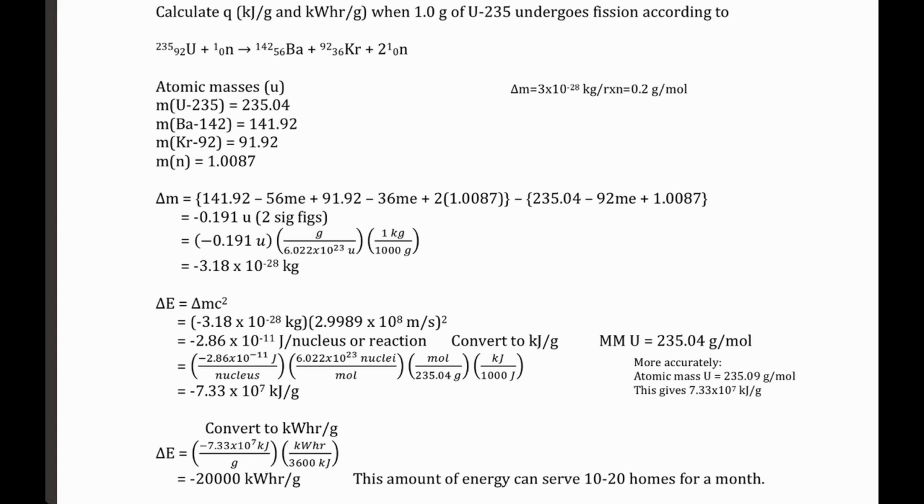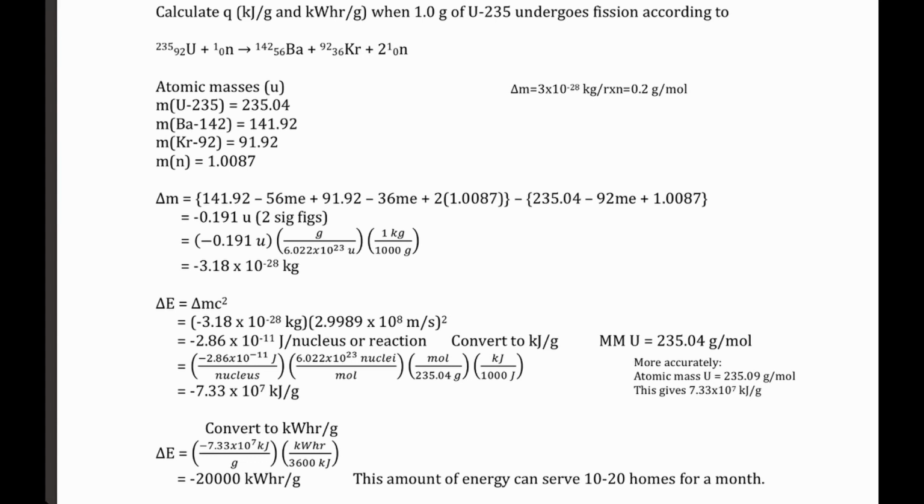So we first off calculate the mass change. So that's going to be the nuclear mass of barium plus the nuclear mass of krypton plus 2 times the mass of the neutron, minus the nuclear mass of uranium minus the mass of a neutron.